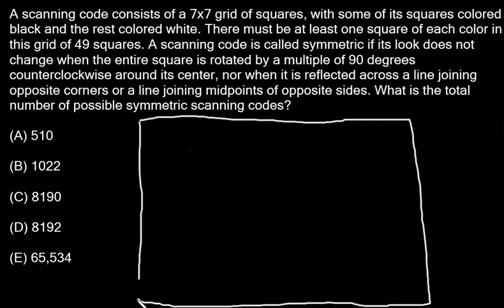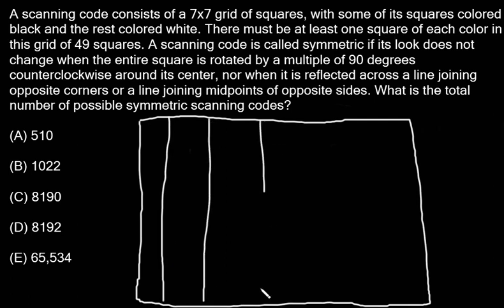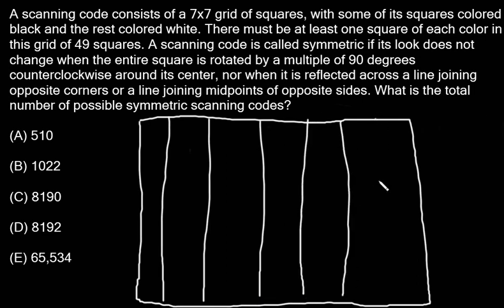So we're drawing it out. We have one line going down, two lines going down, three. So we're just drawing it out.